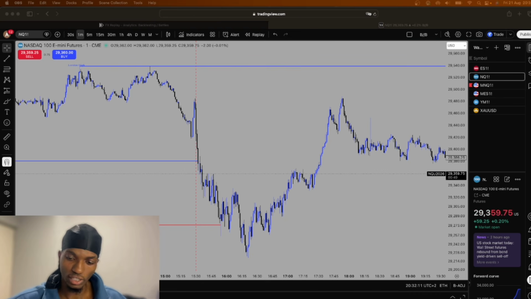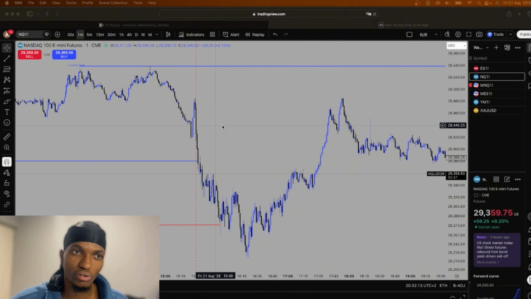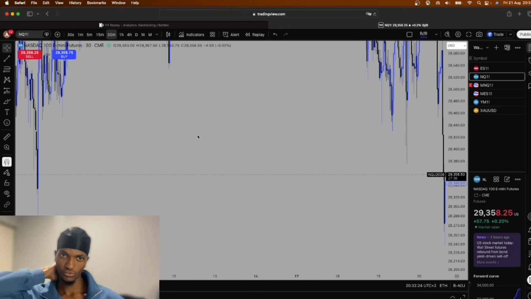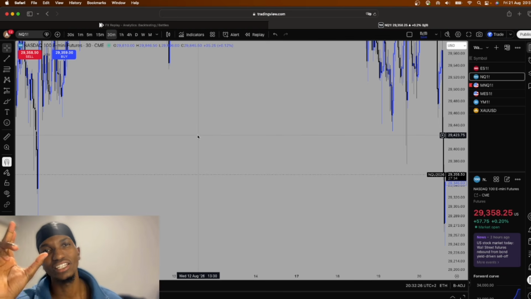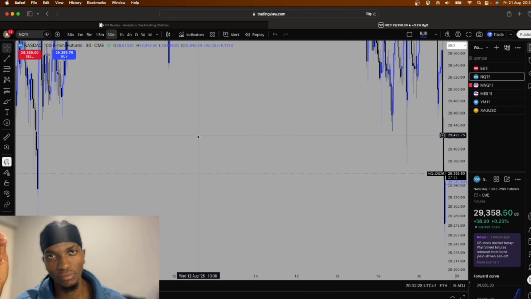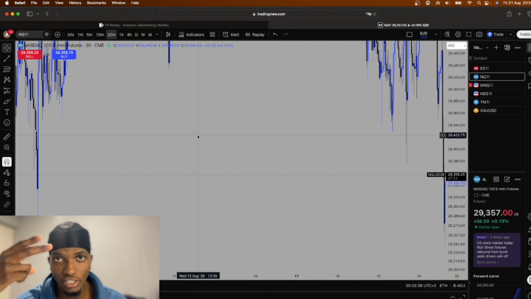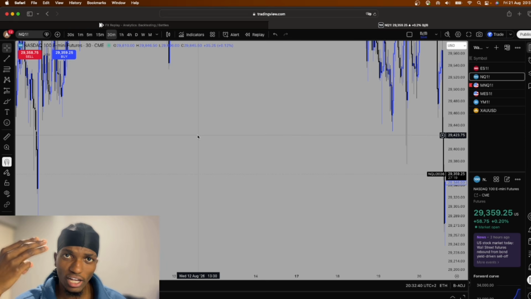The first one, which is the opening model, is pretty easy to understand, right? So what are we looking for on this opening model? At 9:30 a.m. New York time, 15:30 South African time, we wait for manipulation to a key level that can be a 5-minute high, 5-minute low, equal highs or equal lows, or an hourly high or an hourly low, right?